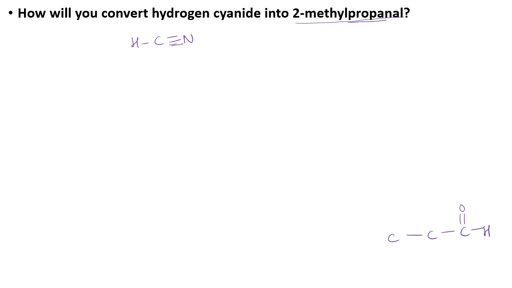Then we will number it 1, 2, 3, and after numbering we will put 2-methyl, that is a methyl group at the second position, and then we will balance the remaining part, CH and CH3. By this time, hopefully you have understood the logic of the reaction, that in this HCN part, we are getting HC from HCN.